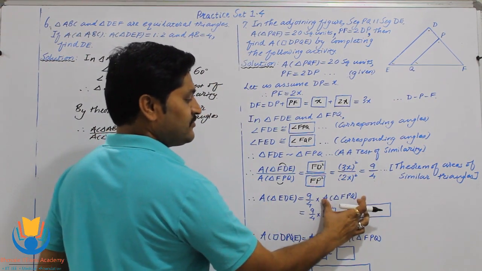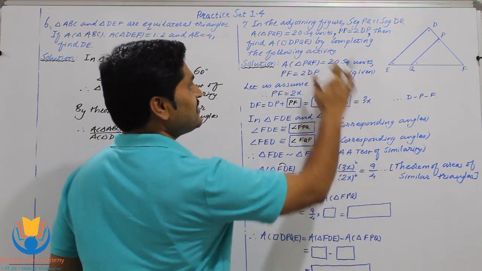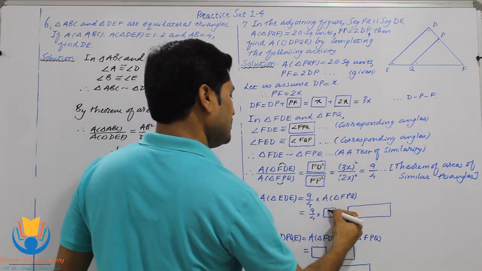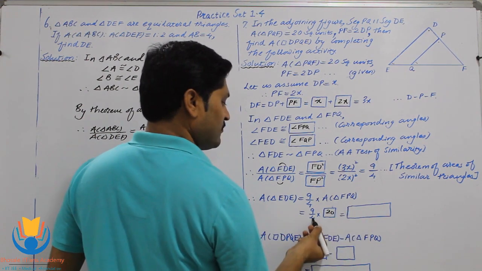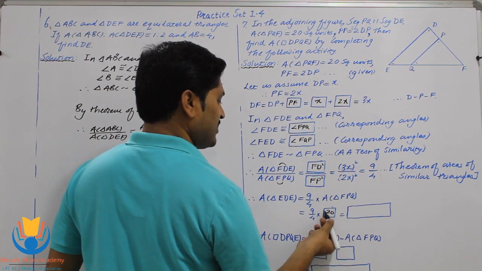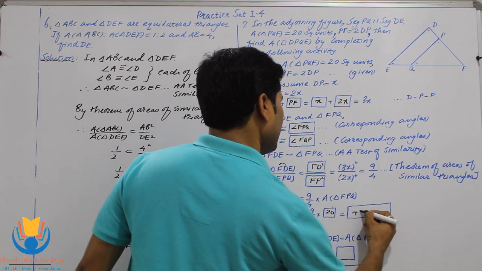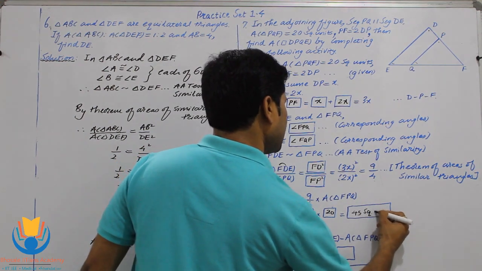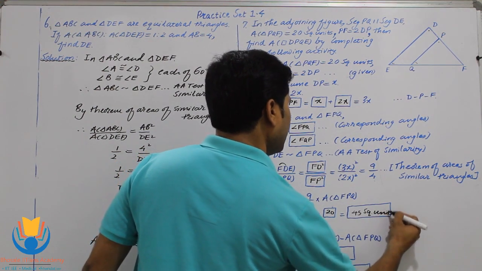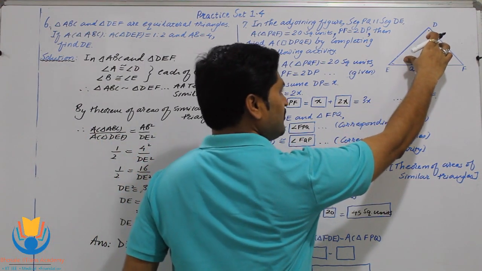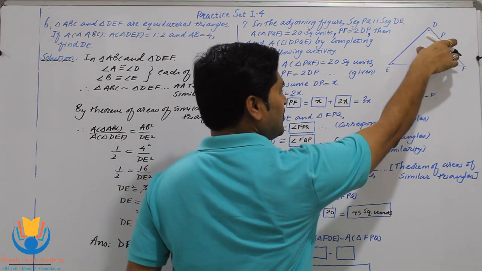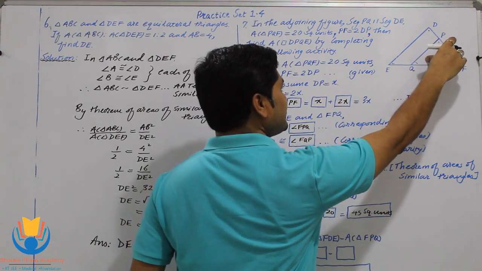The area of triangle FPQ is given as 20 in the question, so let's write the same. 4 fives are 20, so 9 fives are 45 square units. Lastly, the area of the quadrilateral is given by the subtraction of the area of the bigger triangle and the area of the smaller triangle.